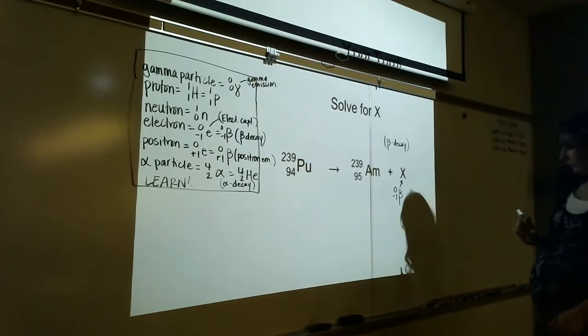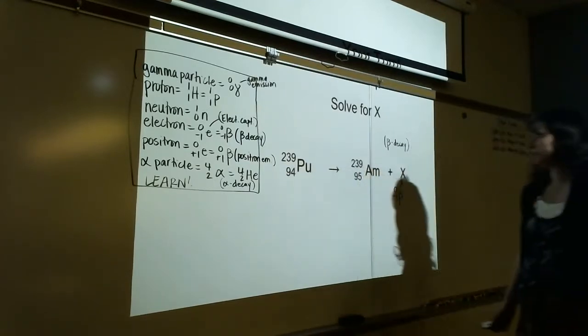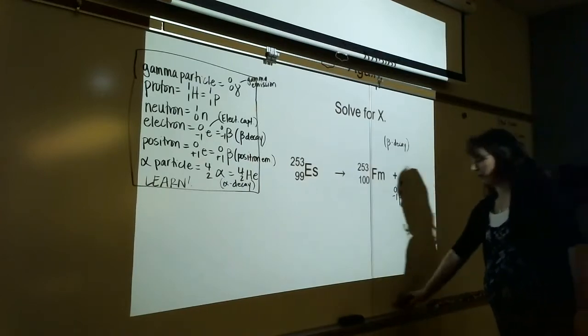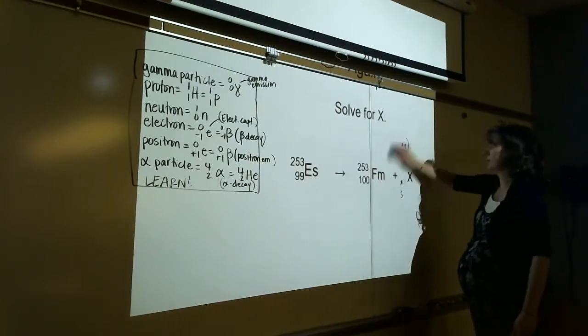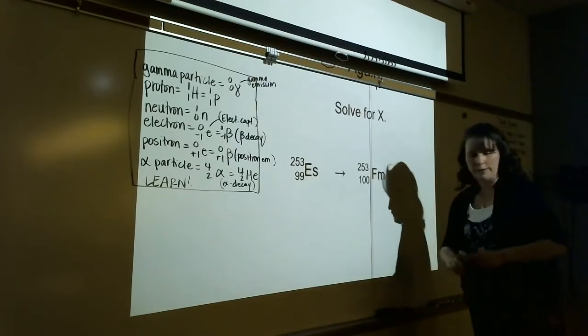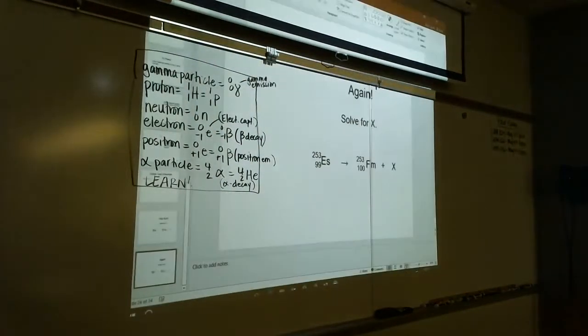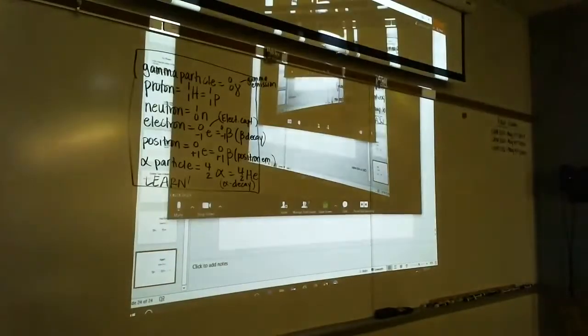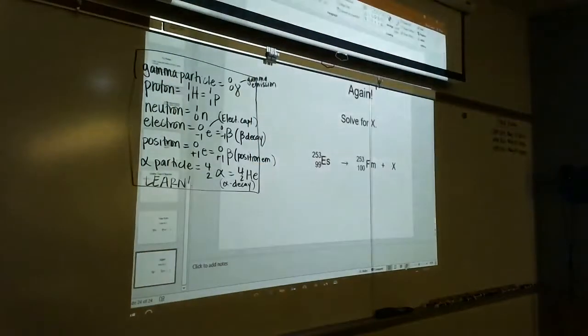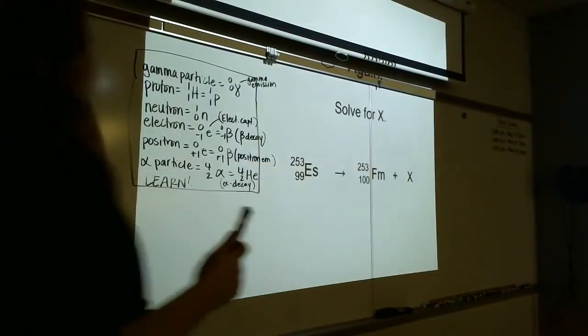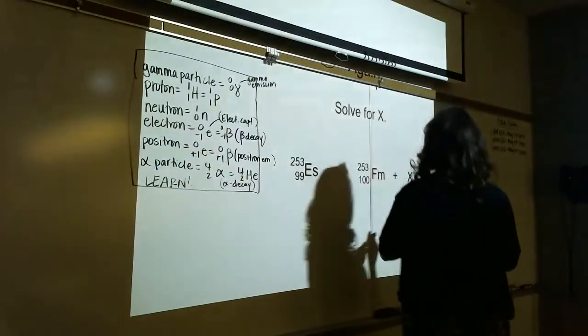And one more to try. Solve for x here, and identify the type of nuclear decay that occurs here. All right, let's try this one. Again, we're following the law of conservation of mass.